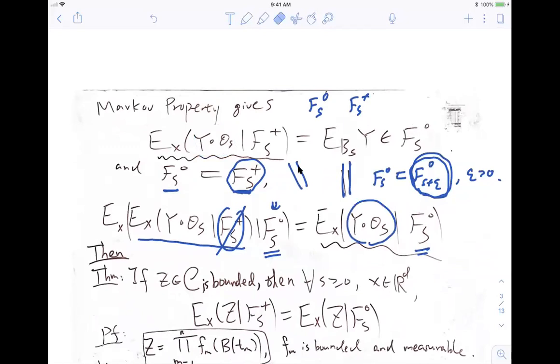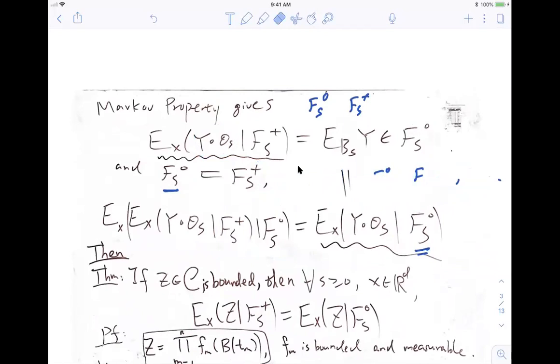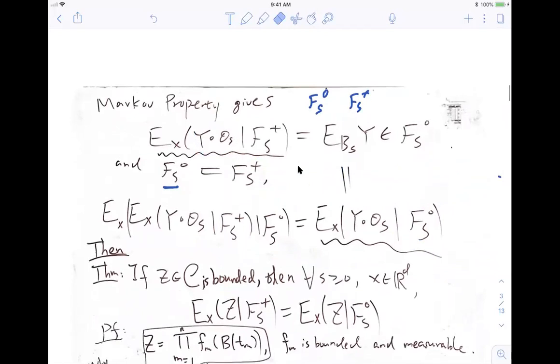So maybe it doesn't look good, but this way probably looks right.